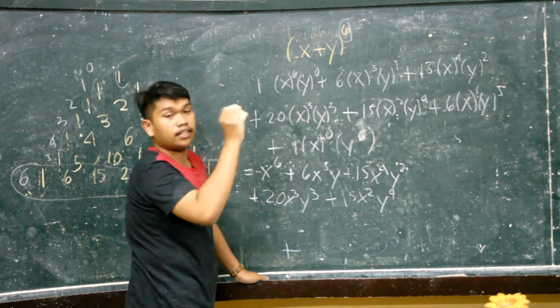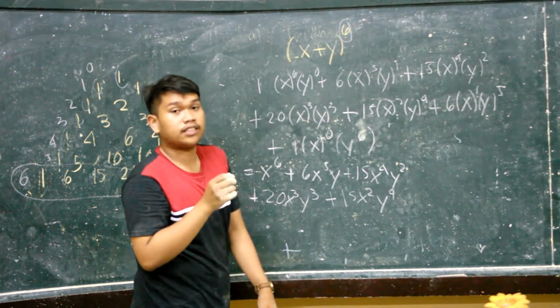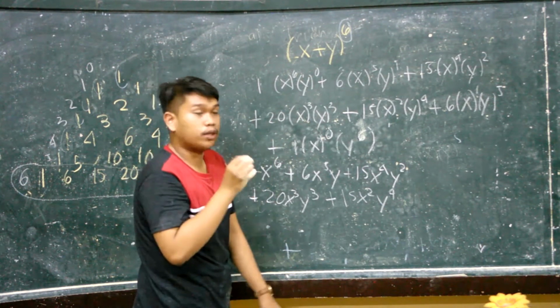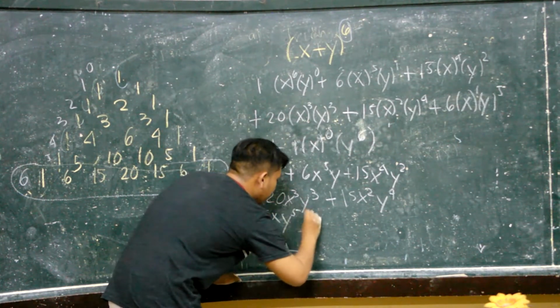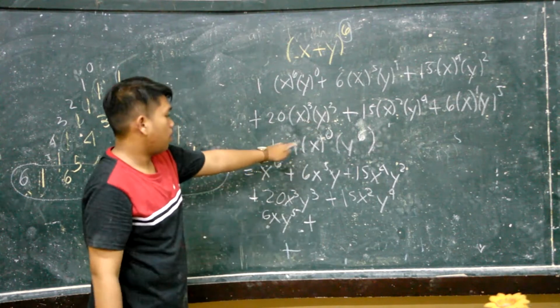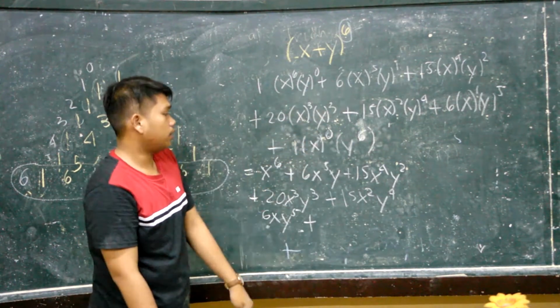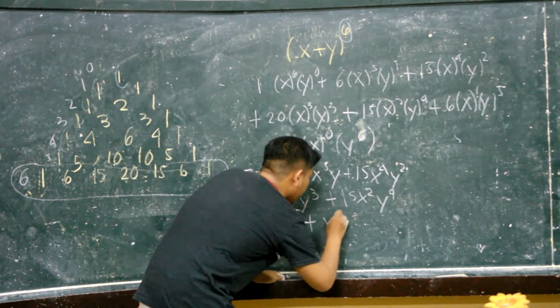Plus 6 times x times y to the power of 5 is 6x y to the power of 5. And last, 1 times x to the 0 times y to the 6 is simply y to the power of 6.